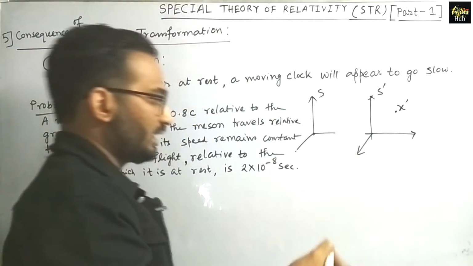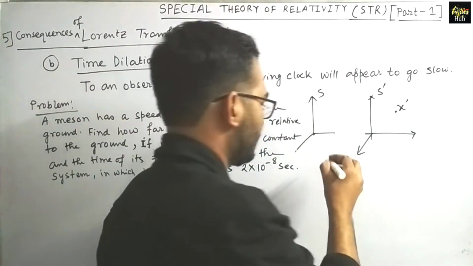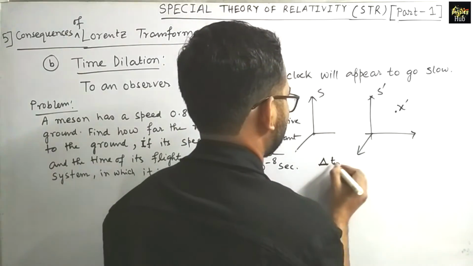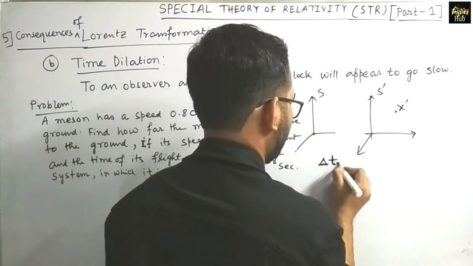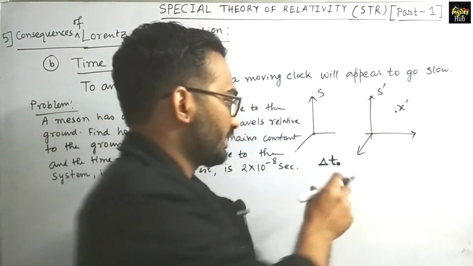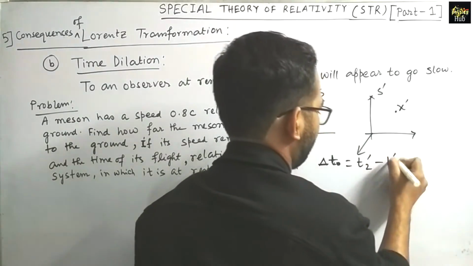Then the interval between these two events in the prime frame is given by delta t naught. Delta t naught is the proper time interval between these two times, t2 prime minus t1 prime.